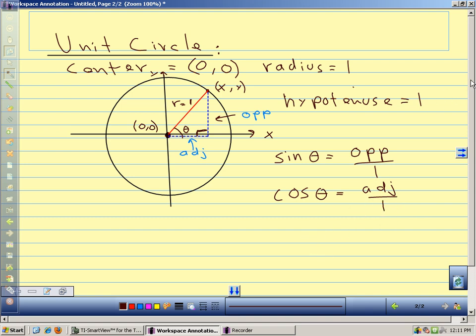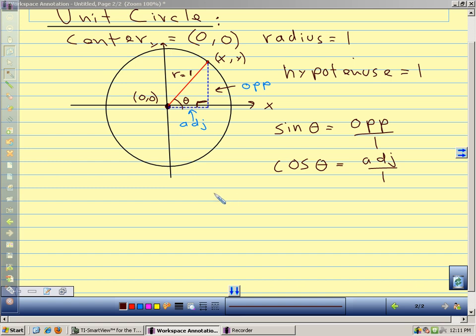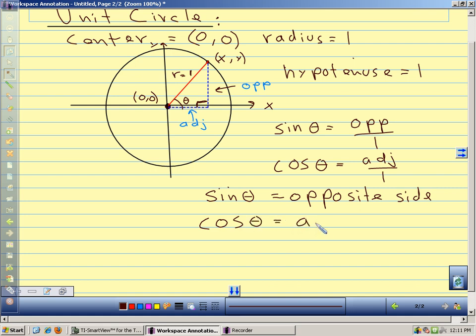So on the unit circle, the sine of theta is just the opposite side, and the cosine of theta is the adjacent side. So we end up without fractions because our radius is 1.